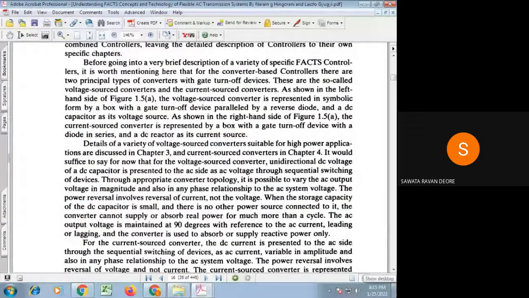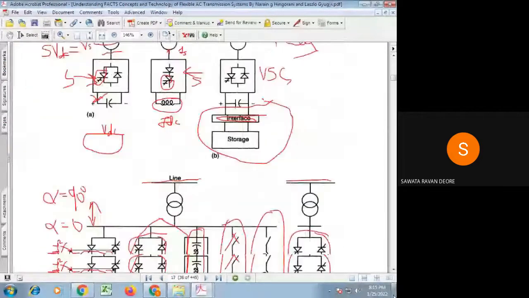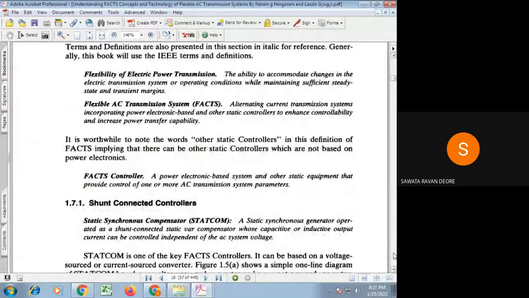Related to this, there are many more definitions available in the literature, and some of them have been summarized in this particular book. As I earlier told you about the flexibility of electrical power transmission, what FACTS, the flexible AC transmission system, means, or what a FACTS controller means.